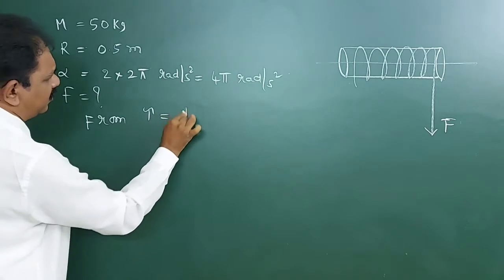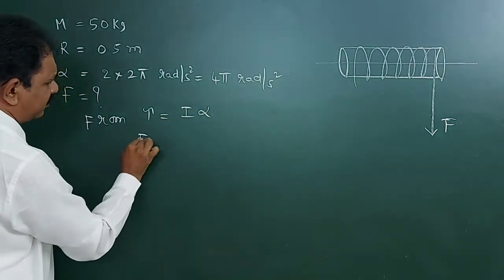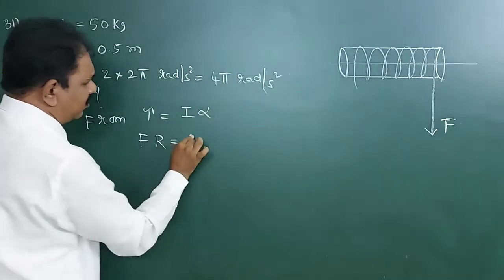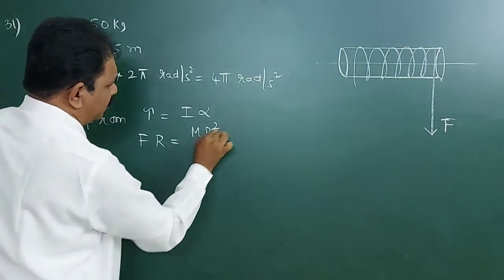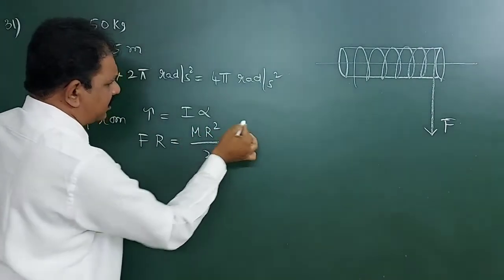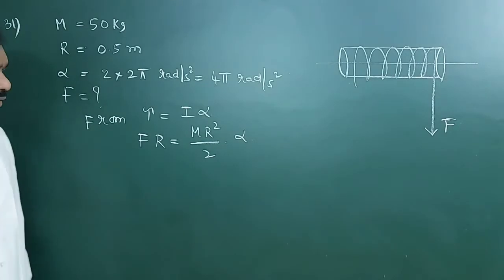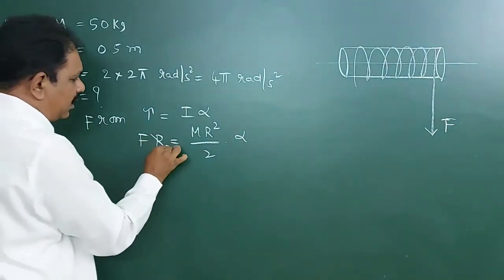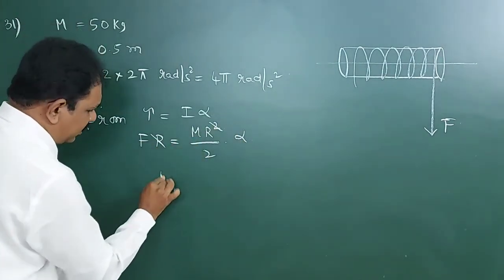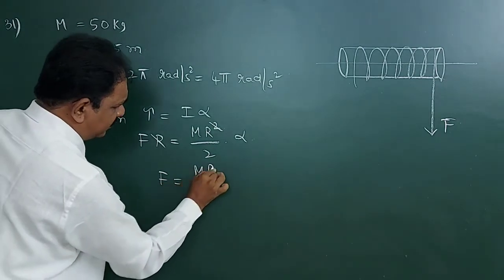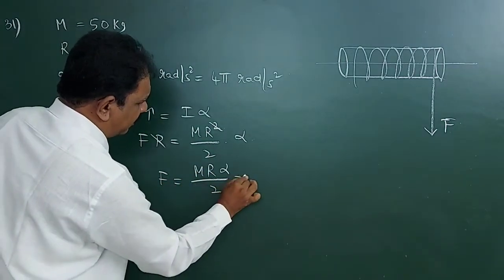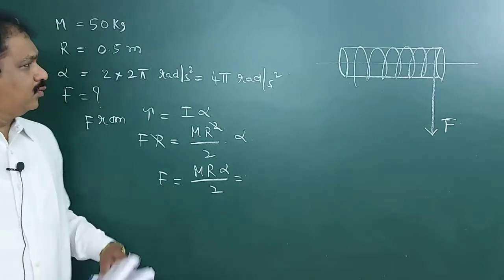From tau is equal to I alpha, F into R is equal to m r square by 2 into alpha. R will cancel. F is equal to m r alpha by 2.